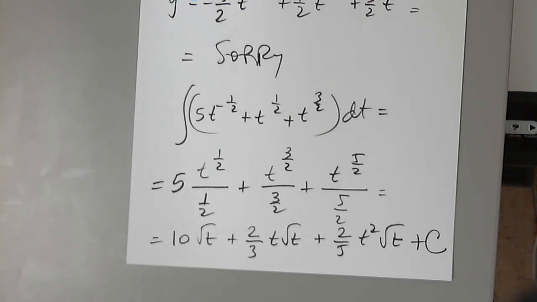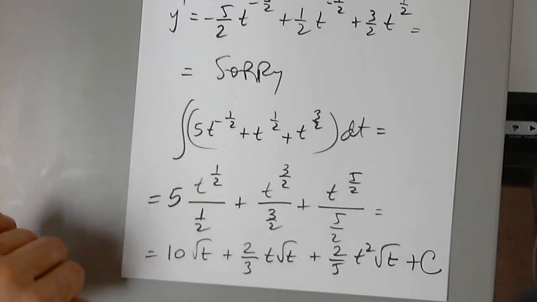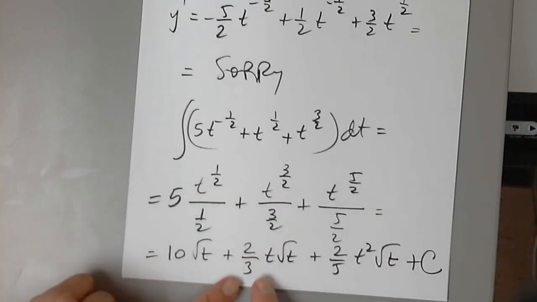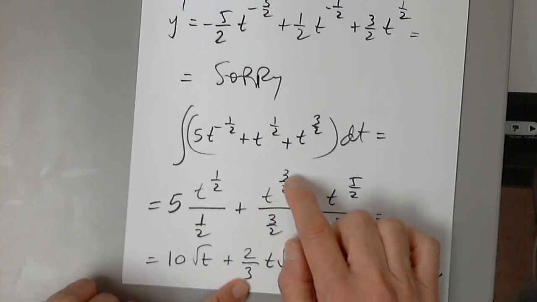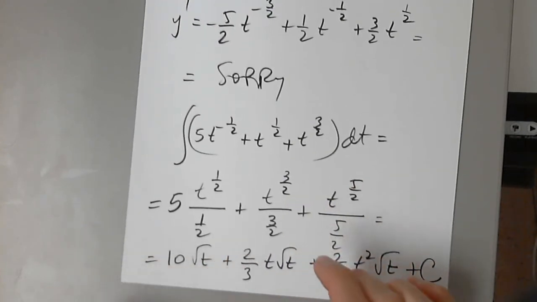So is it you flip the denominator, like for the 2/3 t square root of t, you flip the denominator? For this one, yeah, so it cancels out. So I get 2. So it's t to 3/2, which is t to the first power times t to 1/2. Is that what you meant? Yeah, you got the 2/3, you flip the denominator.